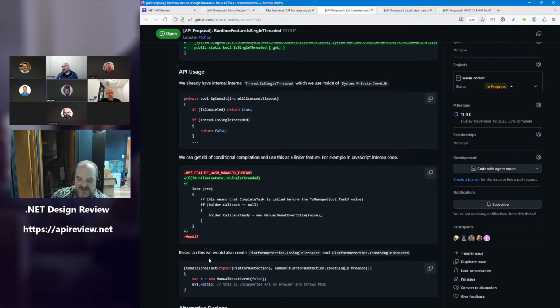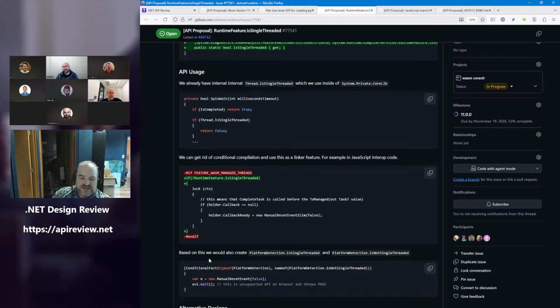My concern with the name is that it sounds like a point-in-time state thing, because it's not true that you shouldn't take a lock because you are single threaded. It's that you don't need to take a lock because there will never be another thread. So it's more about, is threading supported, I guess. Or supports multi-threading. I think that's a word you used earlier that I liked.